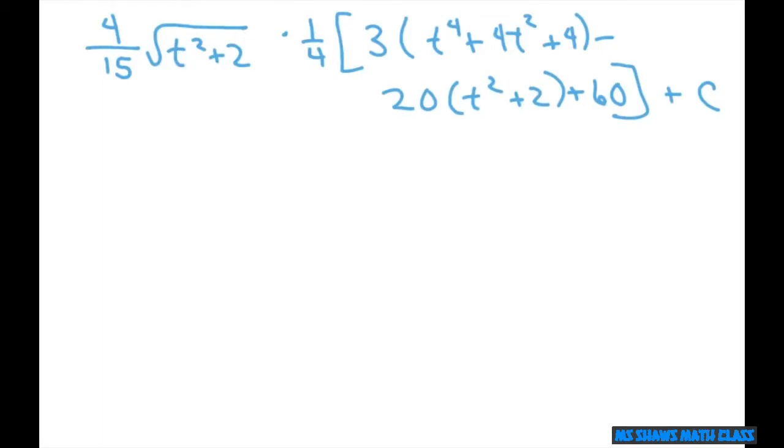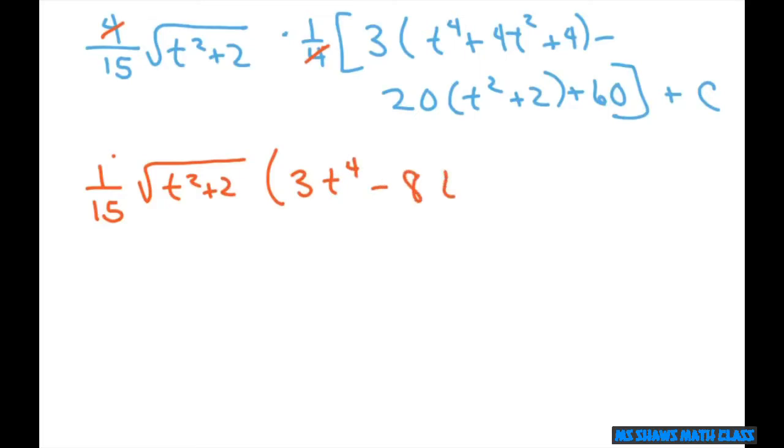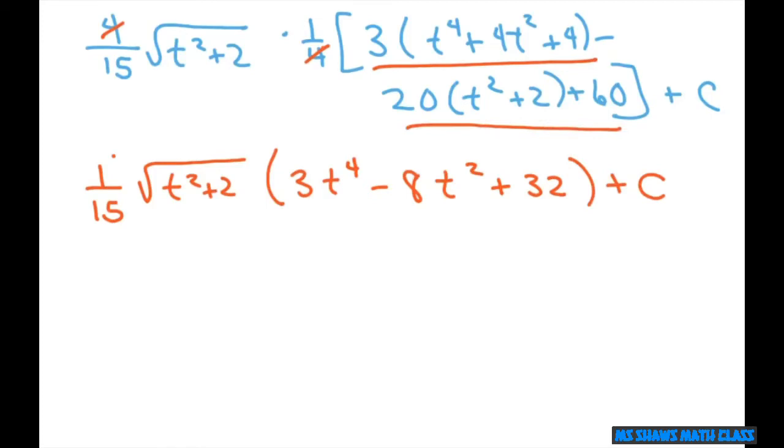And finally, you can simplify this because these 4's cancel, as 1 divided by 15 square root of t squared plus 2 times 3t to the 4th minus 8t squared plus 32, plus c. That's just multiplying all this out and collecting like terms. So you can try that to make sure I did it right.